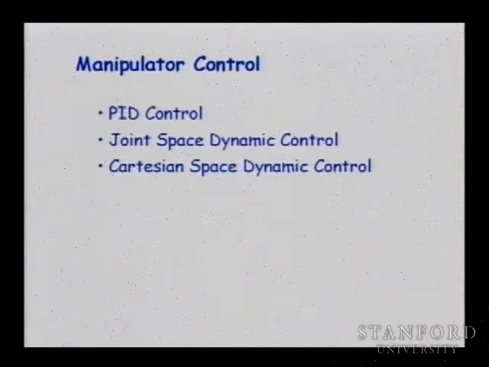In control, I'm going to assume a little background in control, so we will go over just a single mass-spring system and analyze it, and then we will examine controllers such as PD controllers or PID controllers, proportional derivative or proportional integral derivative.